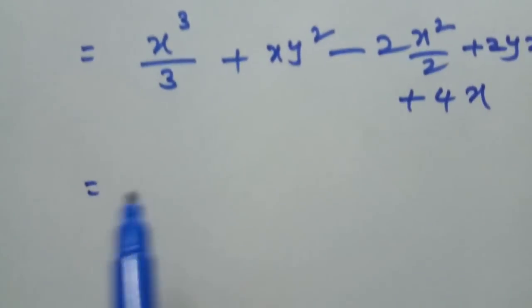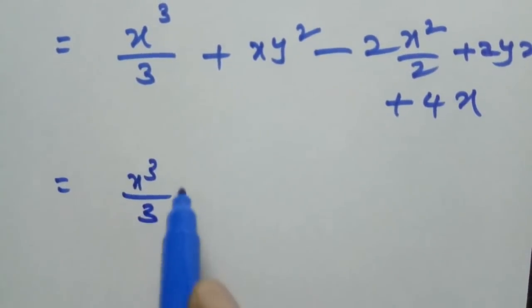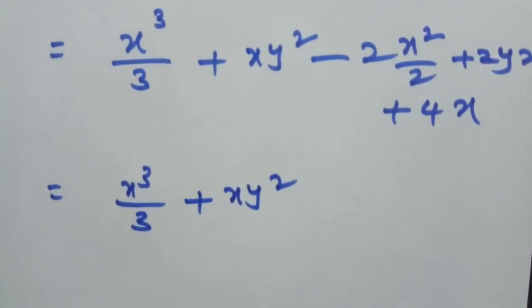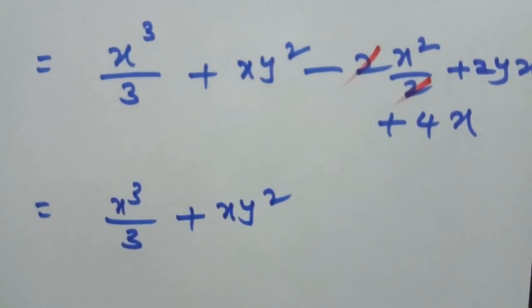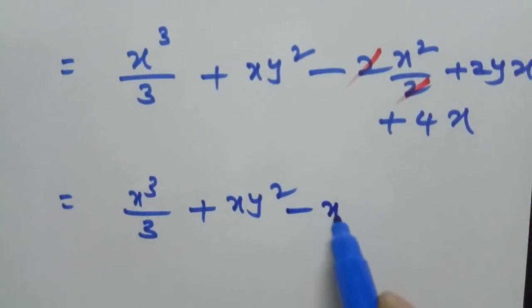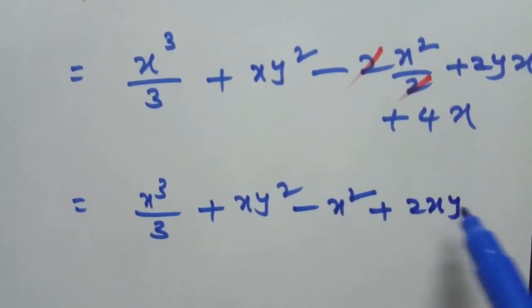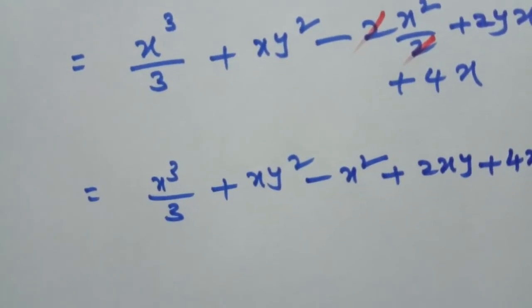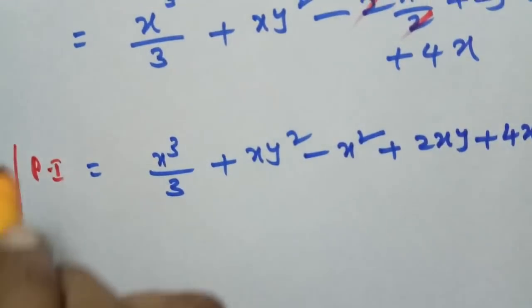Therefore this can be written as x cubed by 3 plus x y squared. Now here the 2 cancels, x squared plus 2xy plus 4x. Therefore this is the particular integral.